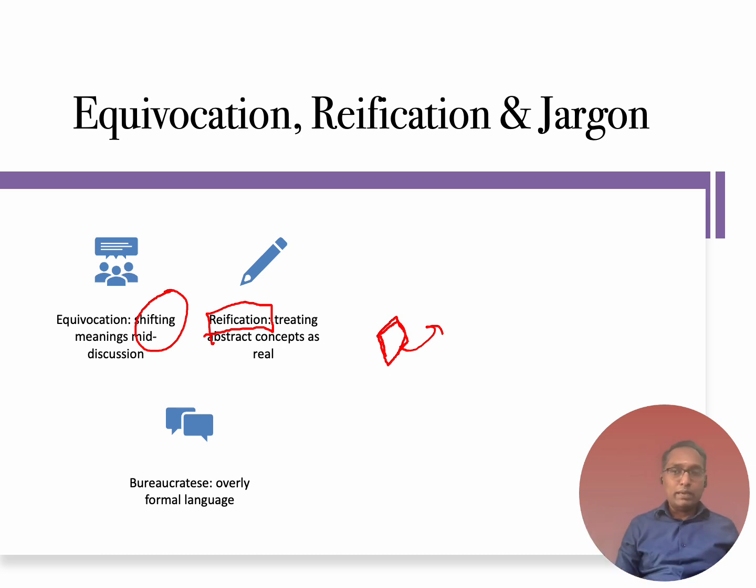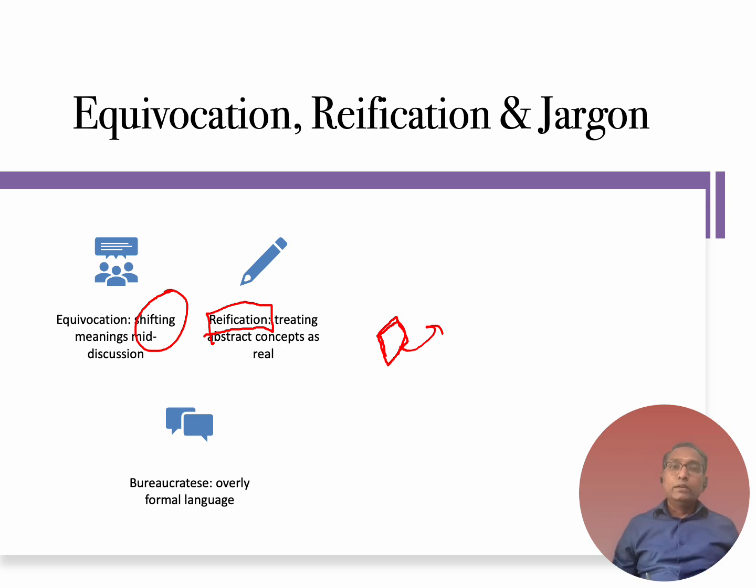I'm taking a silly example here, but the idea I'm trying to make is that you're taking an abstract concept and making it a living being, and if you continue to do that, you may end up on a wrong path in terms of the decisions you make if it were an abstract concept versus a real being.